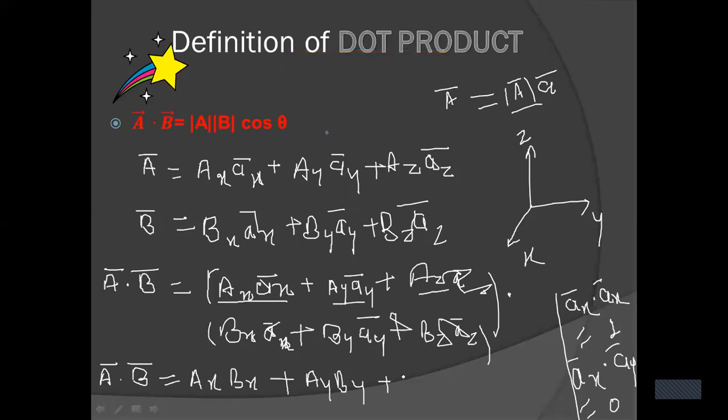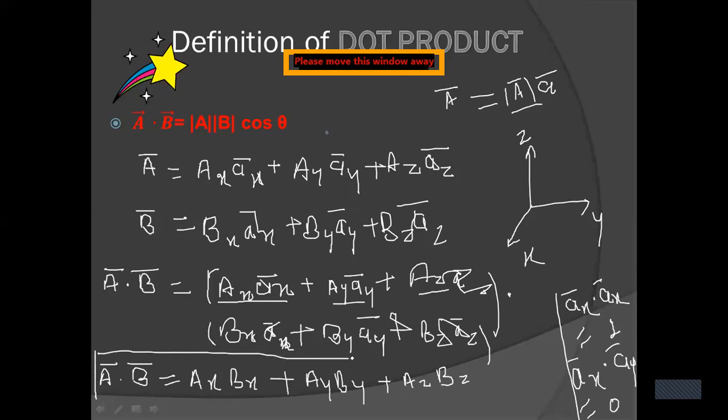But the third term will be present, that is az bz. And the dot product of a bar z and a bar z is equal to 1. So this is the final equation when you are considering the dot product of any two vectors in the Cartesian coordinate system.